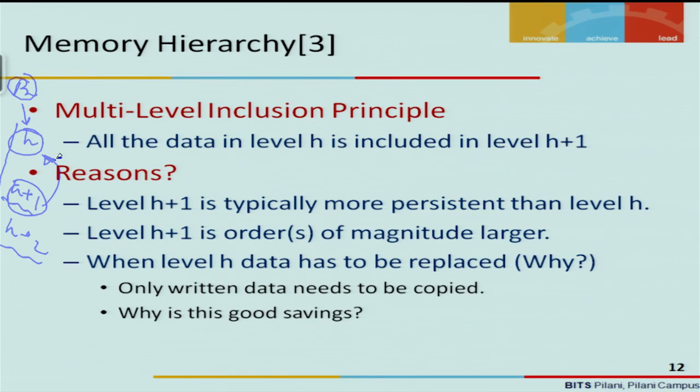At that time, the data previously fetched into level H might have changed, because during the computation that data might have been overwritten. This overwritten data needs to be copied back to H plus 1 to keep the data consistent; otherwise the data will become inconsistent if I am not writing back. But if no data has been changed, then I don't need to copy the data at level H to H plus 1. The new data can simply replace it if no data has been changed.